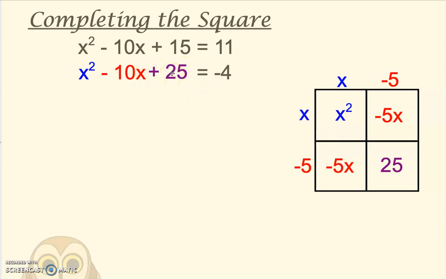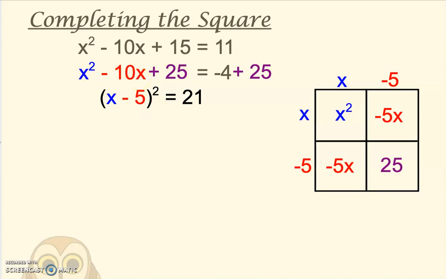And obviously, you know from Algebra 1, you can't just add something to the left side. You have to do it to both sides. So this left side now can be factored, and it factors into x minus 5 times x minus 5, or x minus 5 squared, and the right side is 21. Notice we completed a perfect square. We made one side a perfect square.